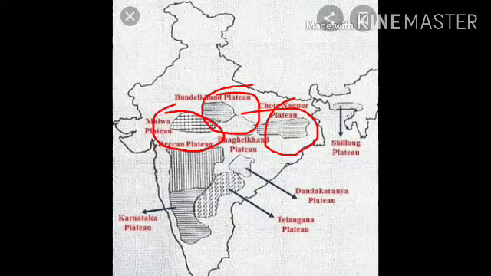These three regions together make Central Highland. The Central Highlands are wider in the west but narrower in the east. Means the area of Malwa Plateau is wider and it becomes less wide in the eastern area. Chota Nagpur Plateau is the narrowest.